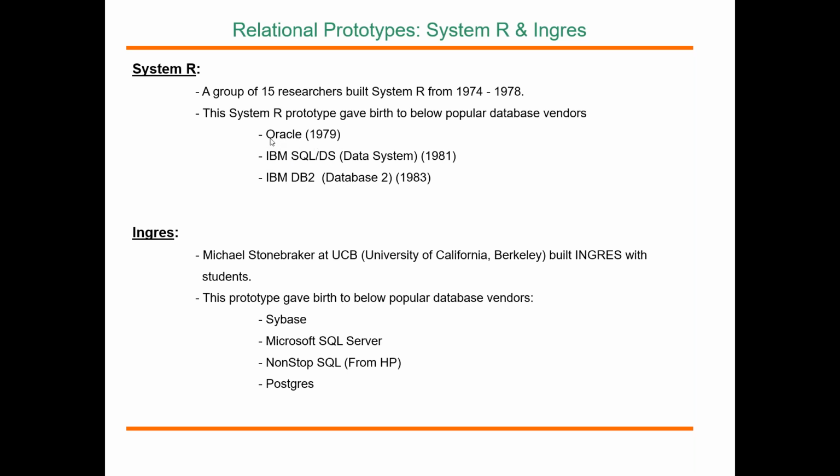Larry Ellison started his own company, implemented his own System R-like implementation and released Oracle in 1979. IBM released SQL/DS in 1981, and Database 2, which is pretty much DB2, IBM's own database system, in 1983.